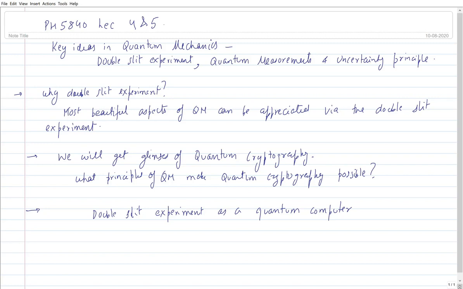Okay, so how do we set up the double slit experiment? So, let's do an experiment with bullets. So I have a double slit experiment where initially what I do is that I close the bottom slit.